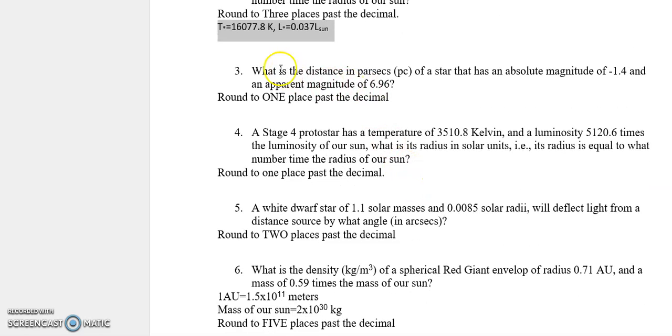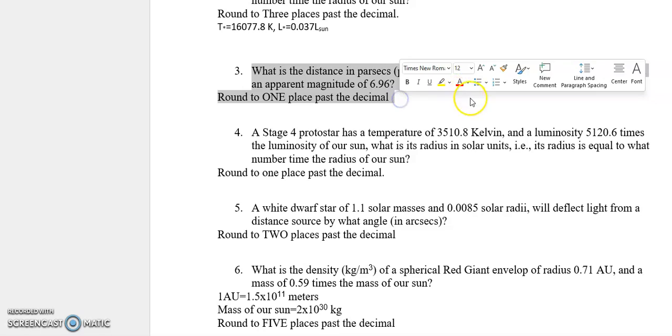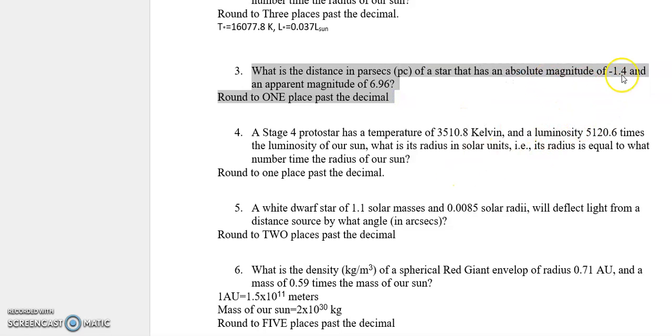All right, so the next one: what is the distance in parsecs of a star that has an absolute magnitude of negative 1.4 and an apparent magnitude of 6.96?